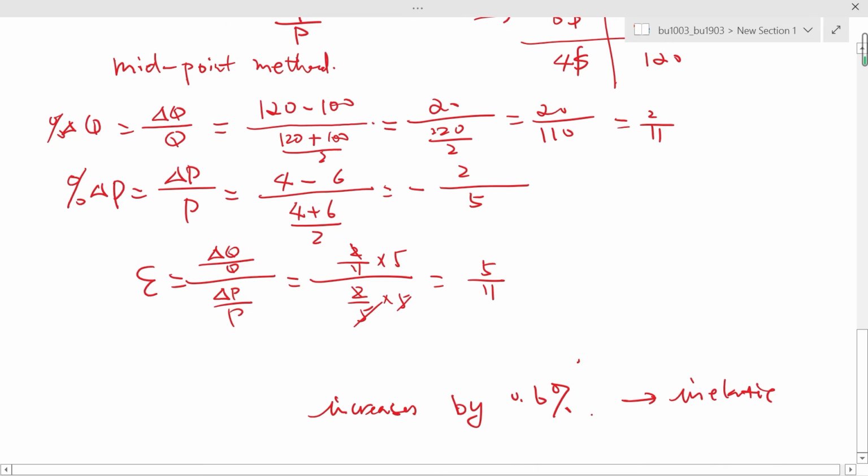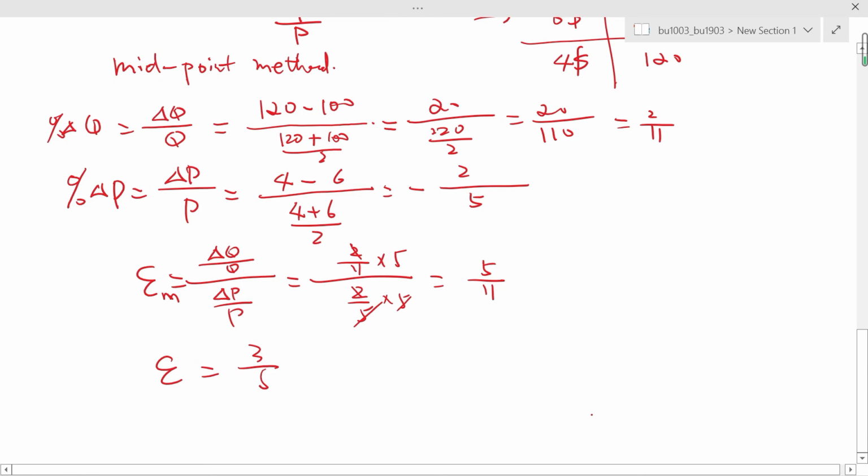And that's the midpoint method. Let me call it M here. And previously, without using the midpoint method, we calculated 3 over 5. And we can see that there's a difference.